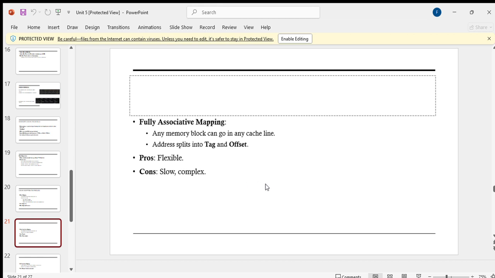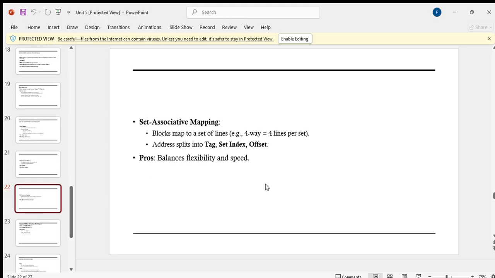So why do we use it? Let's go on to set associative mapping. What do we mean by set associative mapping?